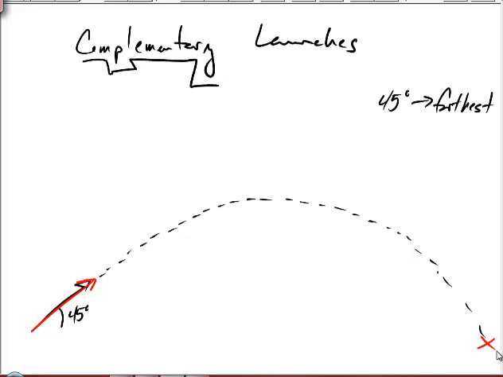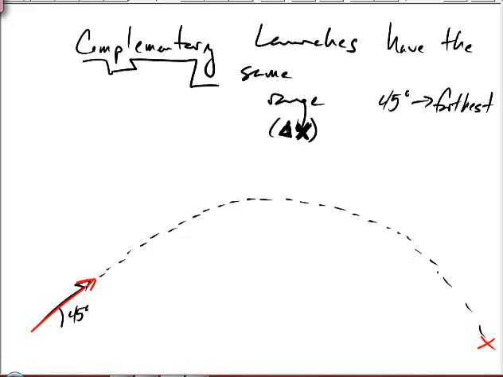The trick of this is complementary launches have the same range. Range is delta x, or how far it went from left to right.